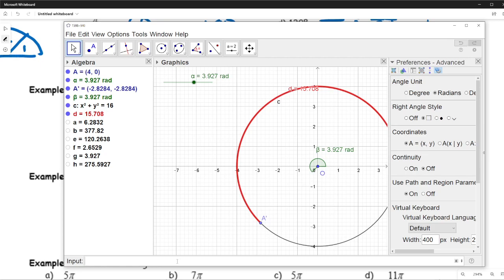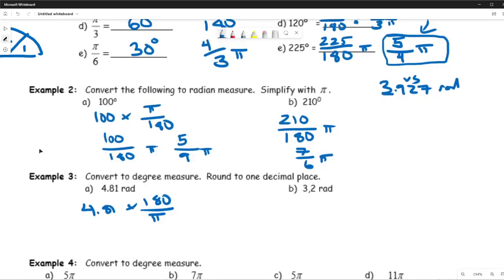So just to test that, make alpha 4.81. We'll convert to degrees, right? 275.5927, which is exactly what we got calculating it the other way. So 275.6, rounded to one decimal place, 275.6 degrees, okay?